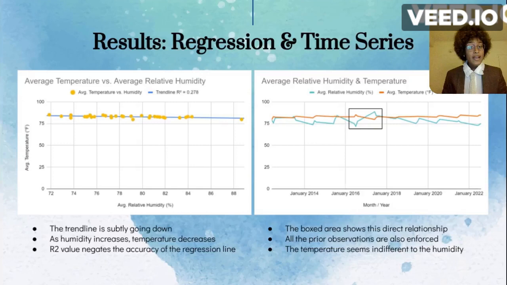It is important to note that given that temperature has stayed pretty consistent across all 10 years, it kind of seems like it's indifferent to humidity, almost like it isn't really affected by it, which does put into question what we know.